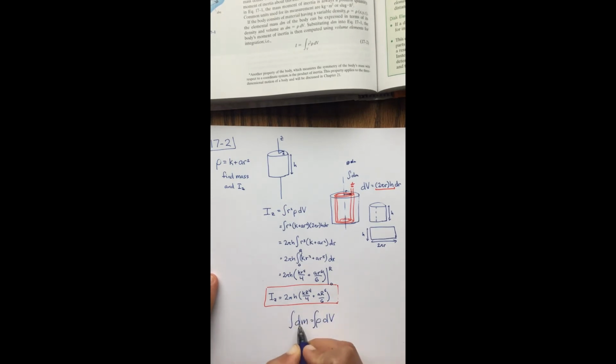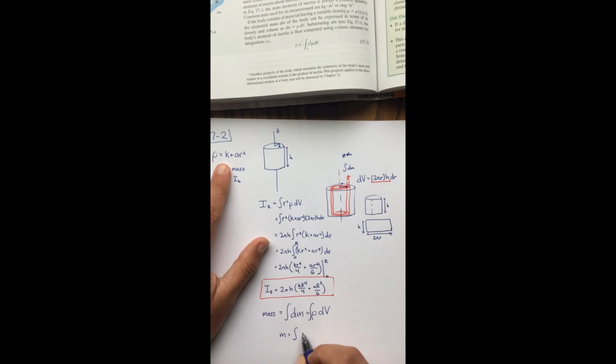When I integrate dm, I add up all the little pieces of mass and I get the total mass. So the mass that I'm looking for, let's call that little m, is equal to the integral of the mass density, which is k plus ar squared, integrated with respect to dv.